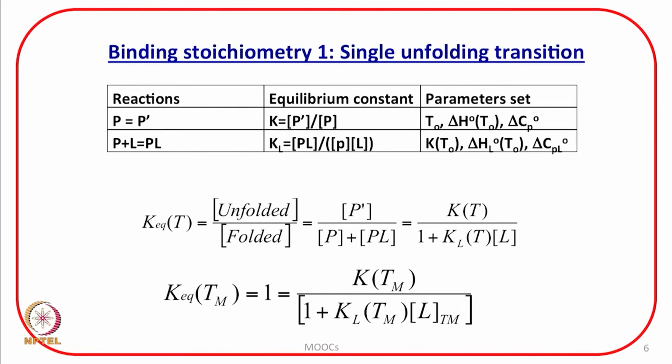By the use of differential scanning calorimetry, we can easily get the transition temperature, calorimetric enthalpy and the change in heat capacity associated with the unfolding in the absence of ligand. Then we can design another experiment and run a DSC. In that experiment, you first make a complex of protein with a ligand and then thermally unfold it.